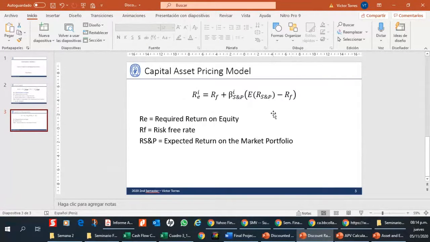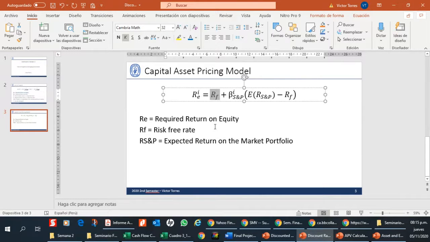So this is the basic capital asset pricing model that you have already seen before, right? Where we assume that you can estimate the required return on equity, right, considering the risk-free rate, and adding to that an element that incorporates the risk of the market, right? So this is like building a cake, right, with several layers. So first you add the return for the risk-free rate, how much it should be paid for something that is risk-free, right?